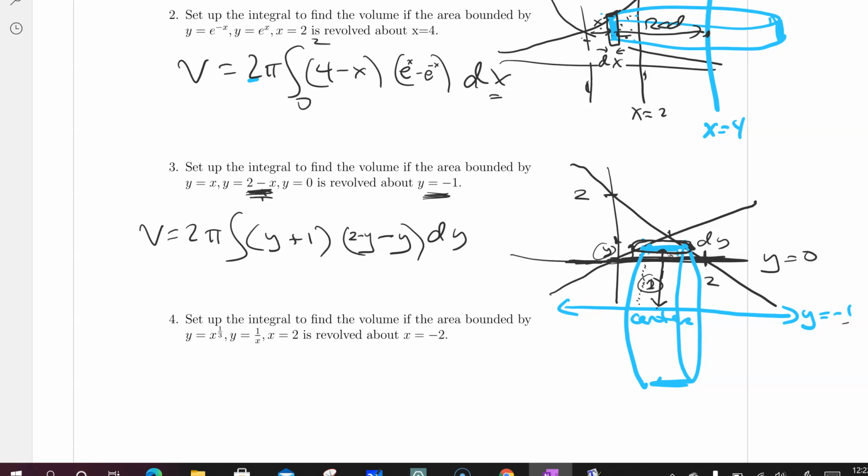So I'm starting here at 0 on the y-axis, and I go to where they intersect, and I think they intersect at 1. Because we can set them equal to each other, y equal x, and x is equal to 2 minus y. So if I set these equal to each other, 2y is equal to 2, y is equal to 1.